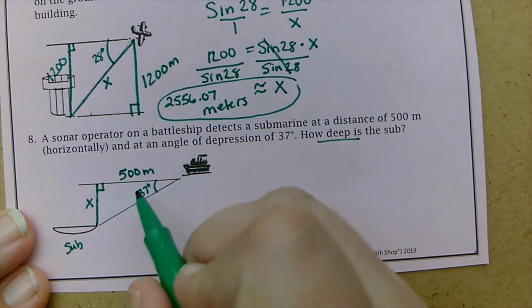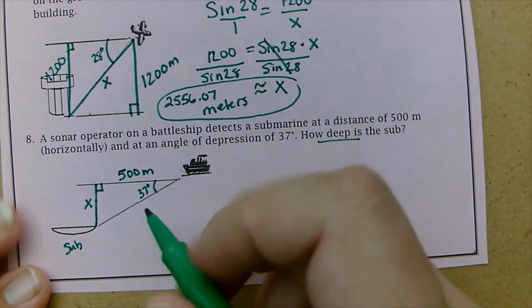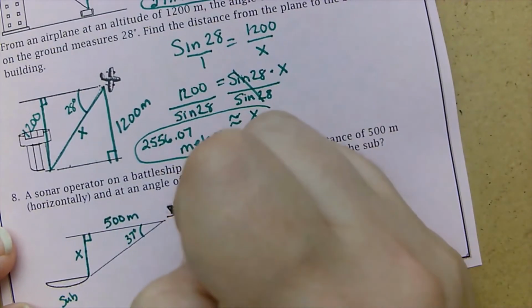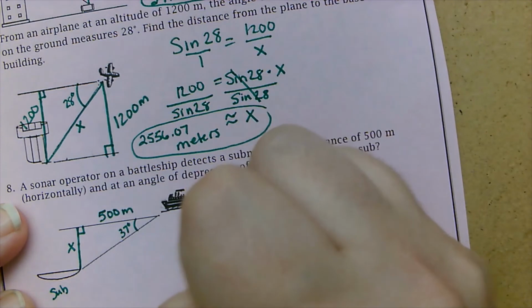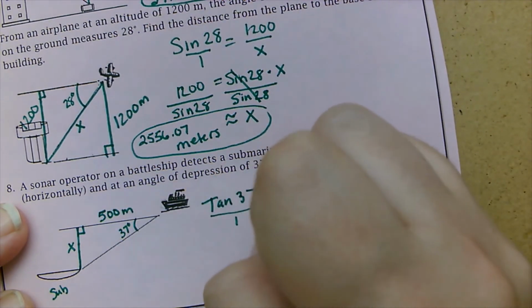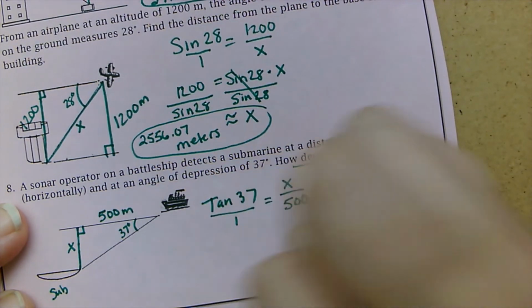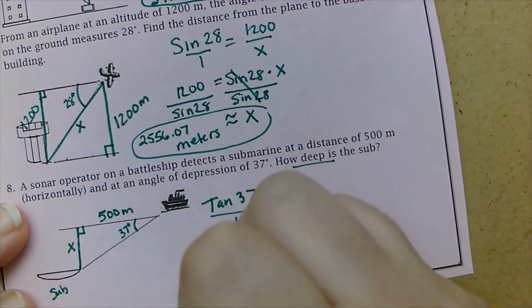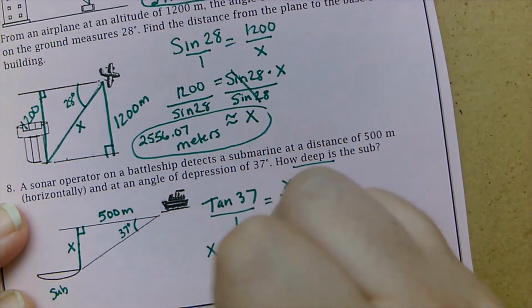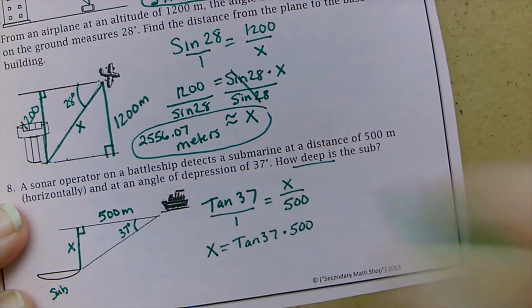So to find x, we're going to need opposite over adjacent. We're going to need tangent. So tangent of 37 over 1 is going to equal x over 500. Cross multiply, x times 1 is x. It's going to equal tan of 37 times 500.